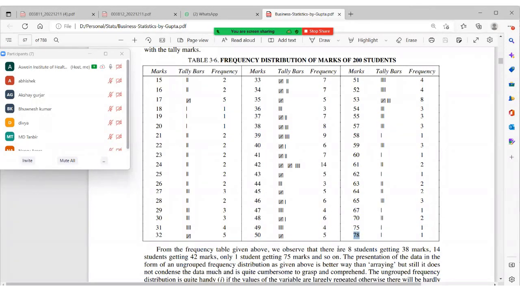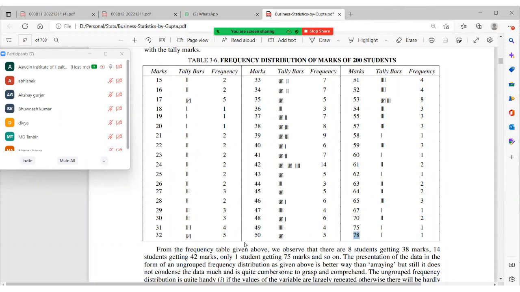The maximum is 78, minimum is 15. We subtract 78 and 15. We got 63. So this difference is 63.